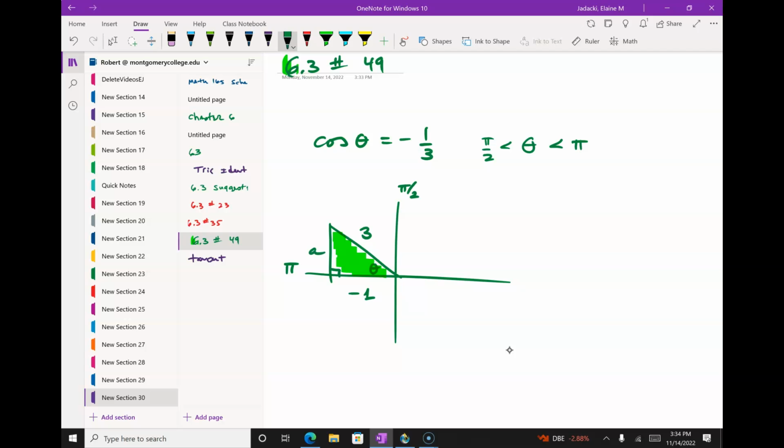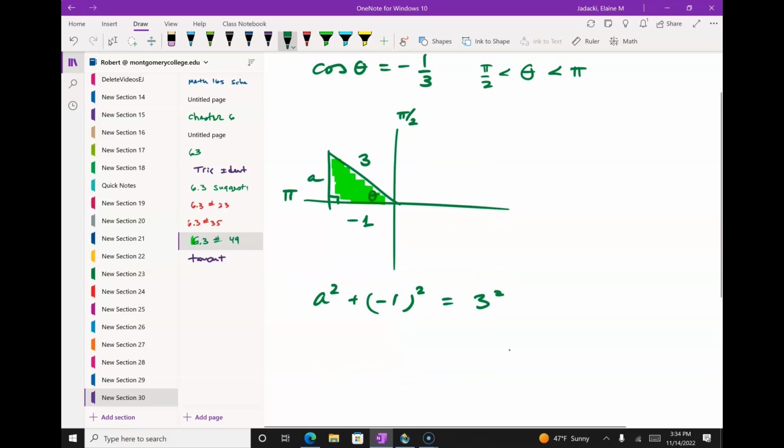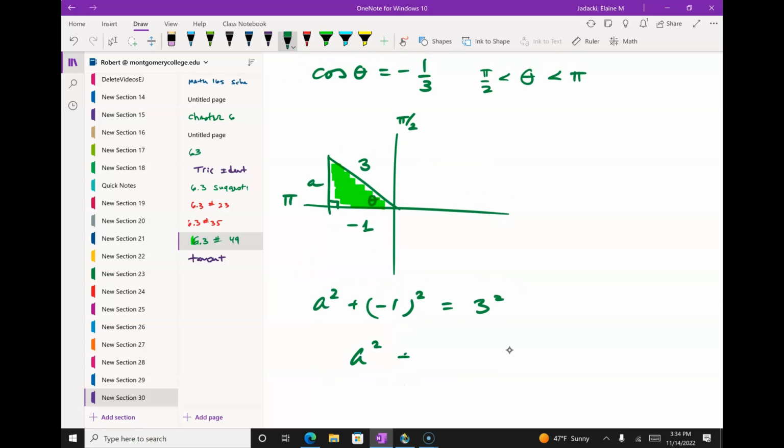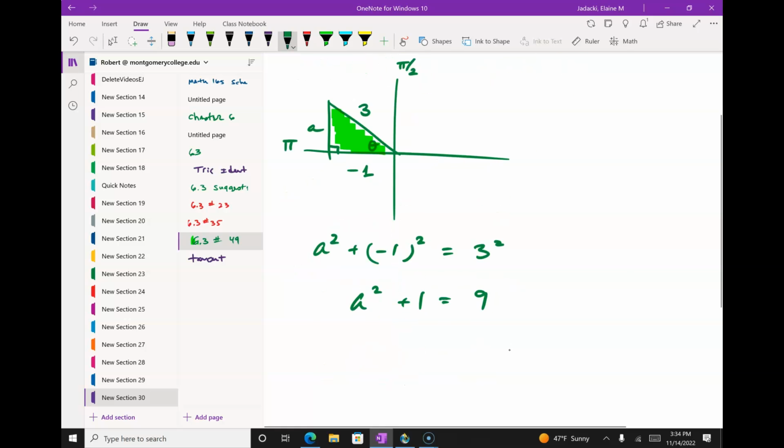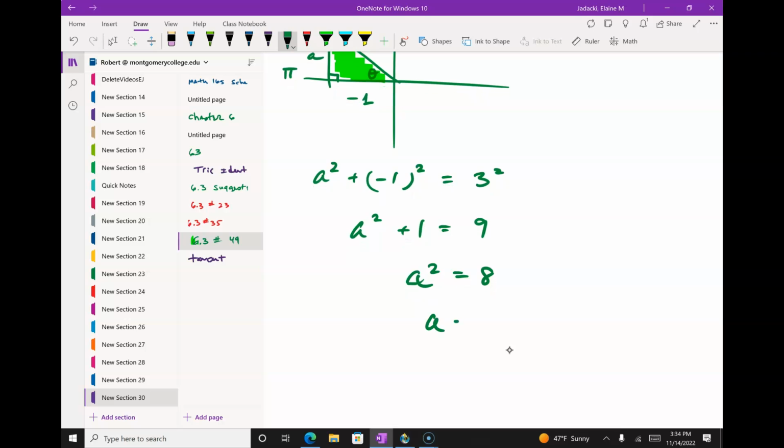I'll call it a. So a squared plus -1 squared has got to equal 3 squared. A squared plus 1 has got to equal 9. A squared is equal to 8. A is square root of 8, which is 4 times 2. So I get A is 2 rad 2.